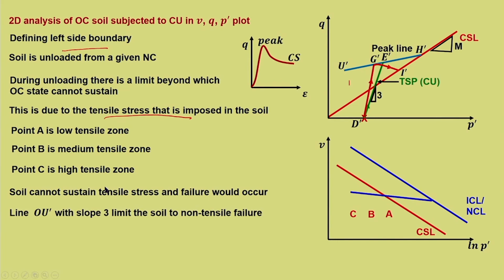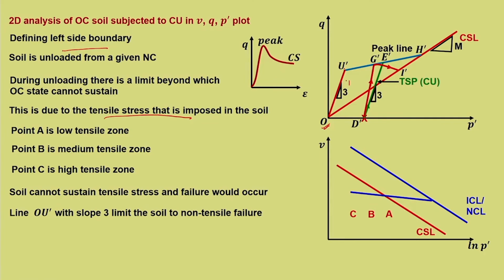Line OU dash with slope 3 limits the soil to non-tensile failure. Now, this is the point OU dash. It is slope 3, similar to this total stress path. So, it is a slope 3 and this is the leftmost boundary.